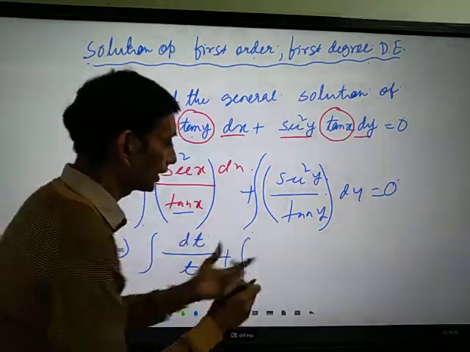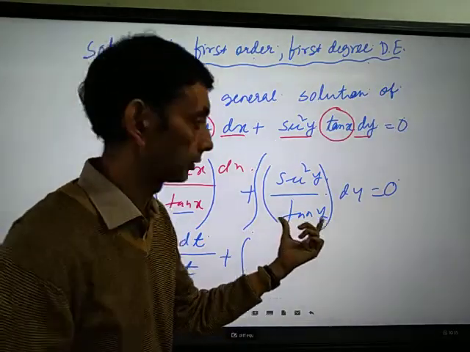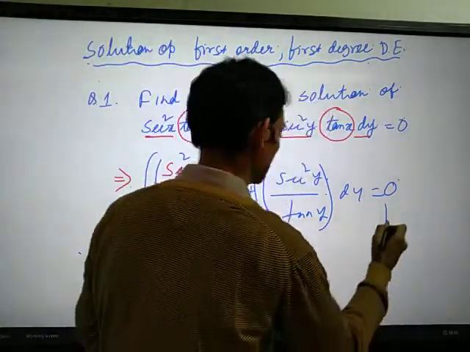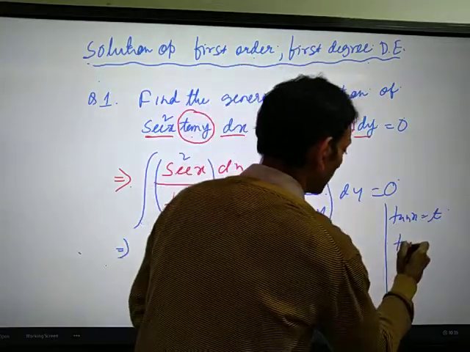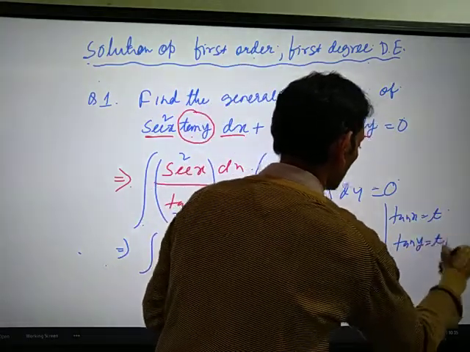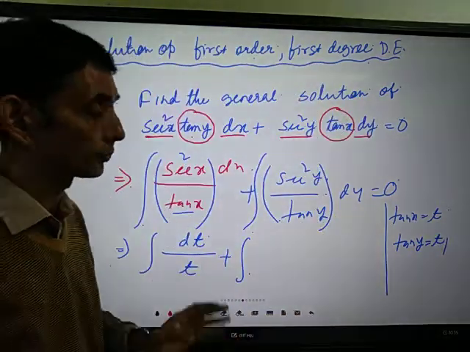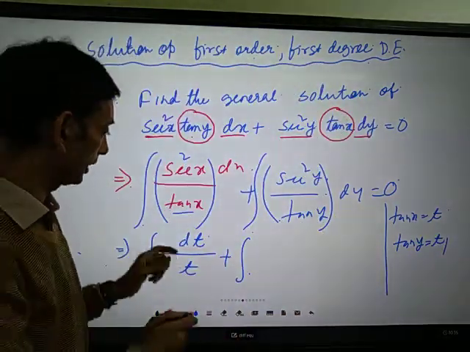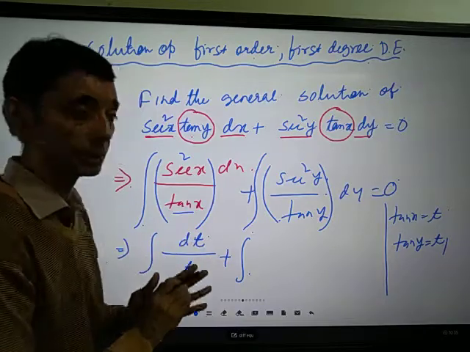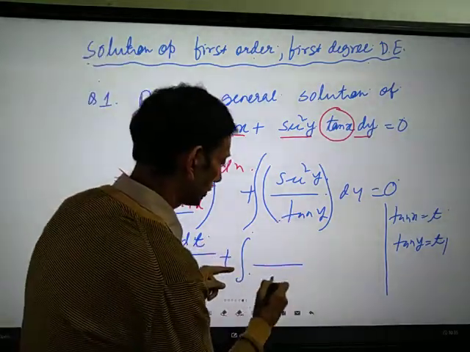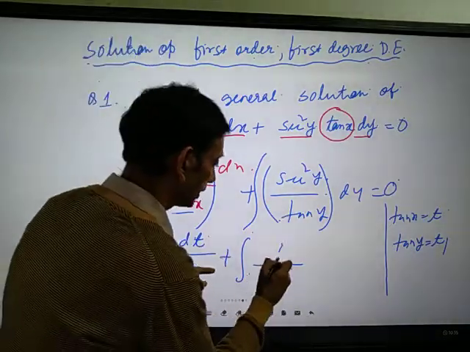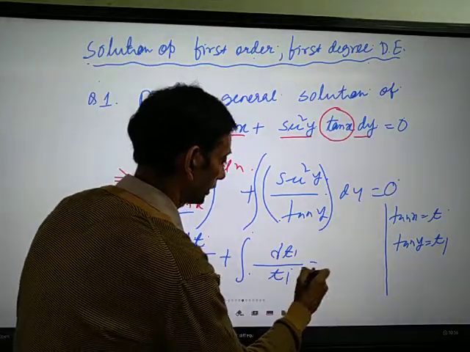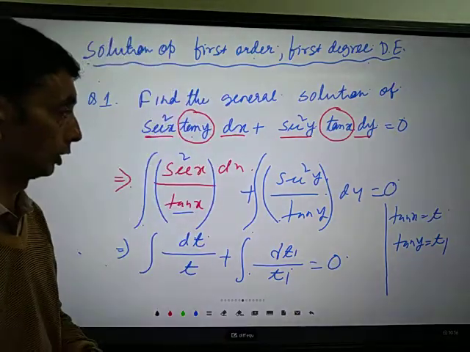Similarly, if we assume tan y is t1, then sec square y dy will be dt1. I hope you could follow these steps. So dt by t plus dt1 by t1 equal to 0.